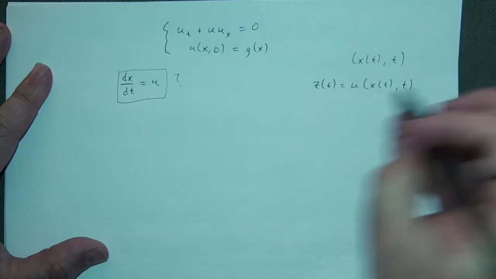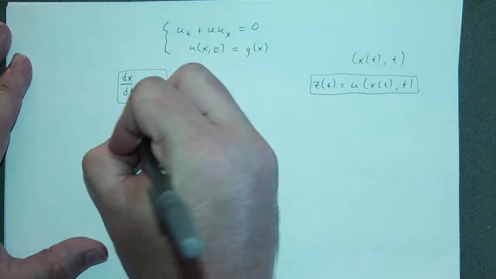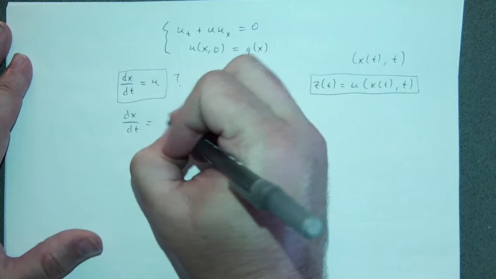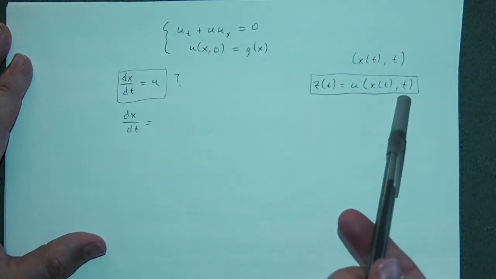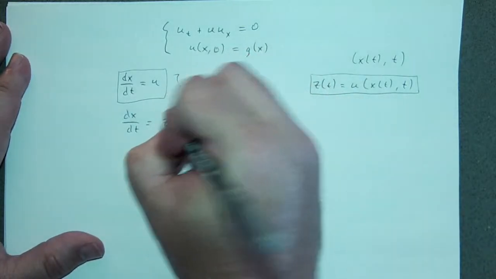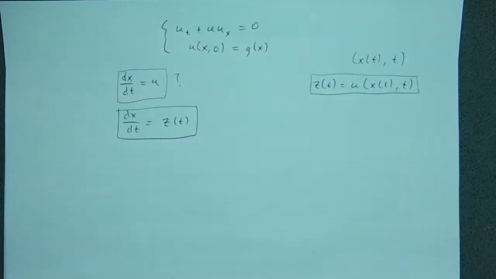So I could rewrite this as follows. dx/dt is equal to u at x of t, so u on the characteristic. So this is just z. So maybe I should say dx/dt is equal to z.